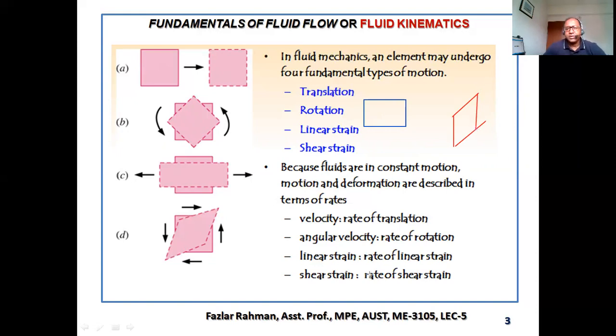Okay, so it's called shear strain. The fluid element was right over here. When it came over here, its shape changed by angular deformation. So you divide by the time it takes to travel from one point to another, the amount of shear strain. How will you figure out the shear strain? The amount of angular deformation, this much angle. Similarly, angular deformation right over here. That angle divided by the time gives you the rate of shear deformation in the fluid element.